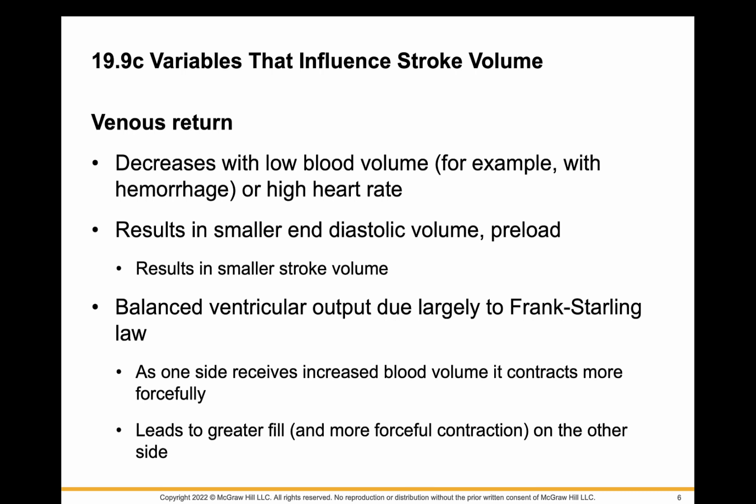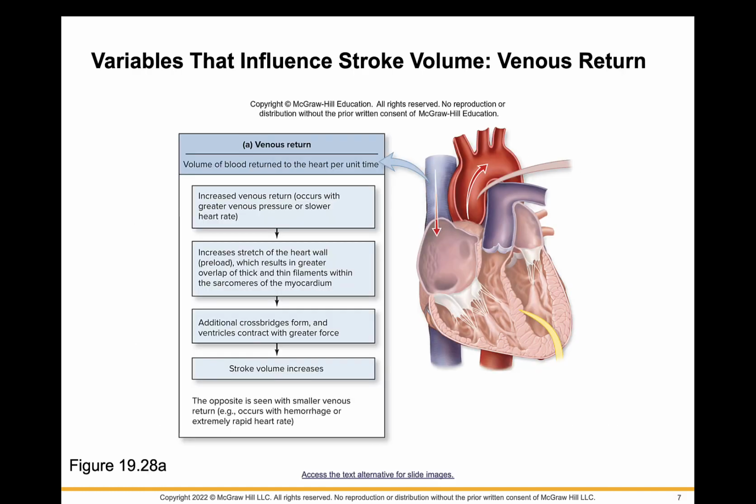So I hope you understand how important this Frank-Starling law of the heart is when it comes to addressing stroke volume. It also explains why endurance athletes have a lower heart rate. Now, here, let's walk through the impact of venous return via this diagram.